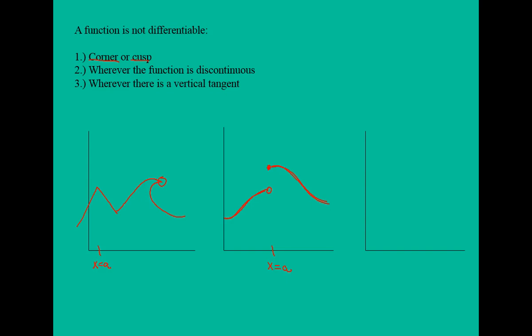And if we had an asymptote, it wouldn't be differentiable at that point. Another way is whenever there is a vertical tangent. So if we have a graph that looks like, let's say, this, and we looked at the tangent line right here, that tangent line would be vertical. Therefore, it's not differentiable at that point.